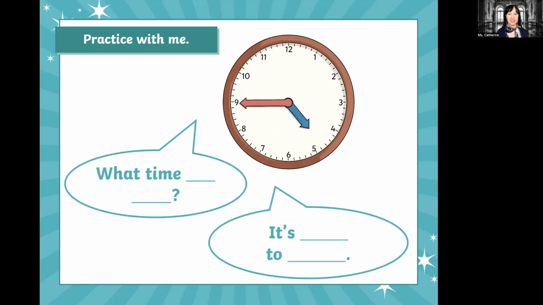Practice with me. What time is it? It's 4:45. This was a tricky one. Okay. 4:45. Okay, so the arrow is in between the 4 and the 5, the shorthand. So this is the hour, okay?